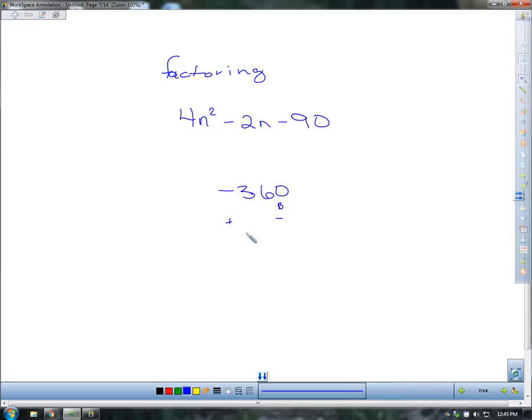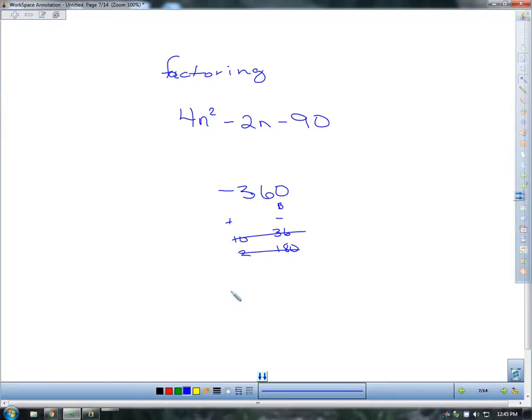There's a lot of different things that can multiply to be 360. We can start with 36 and 10. That's 26, so let's try that again. I can do 180 times 2, but negative 180 plus 2, that's not going to cut it.